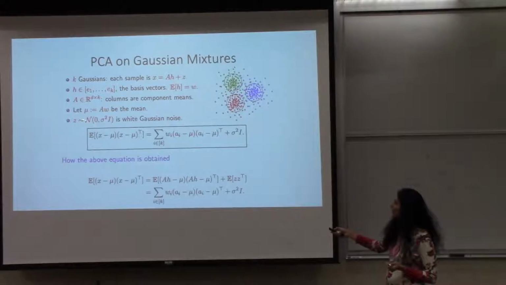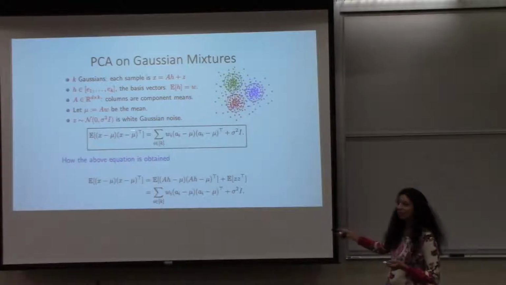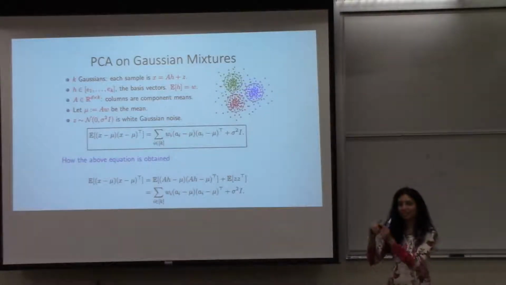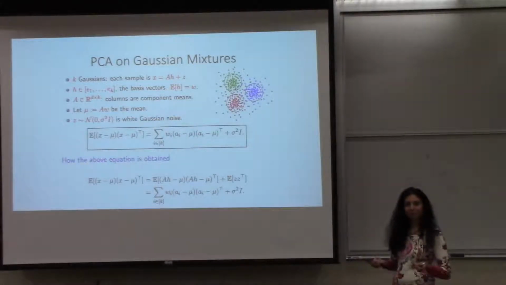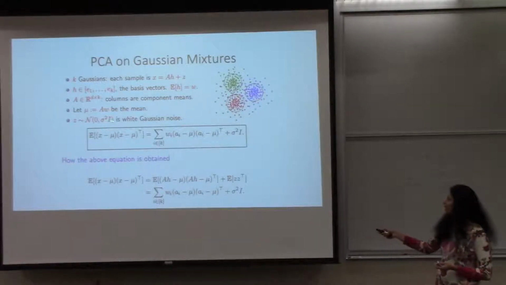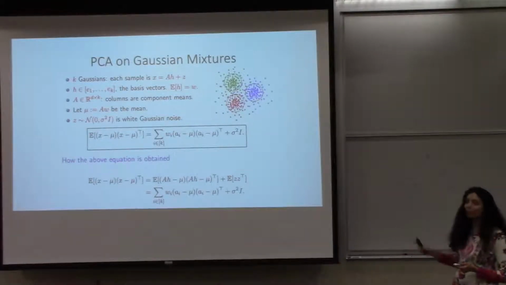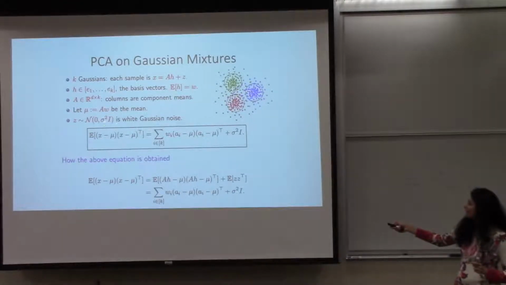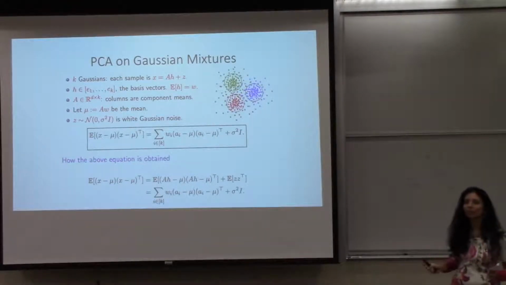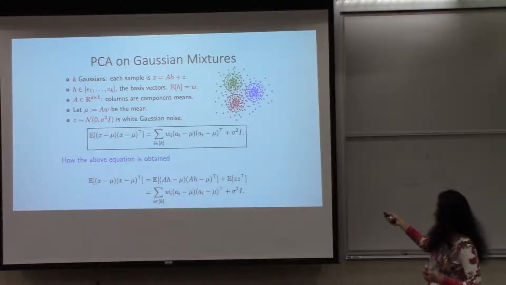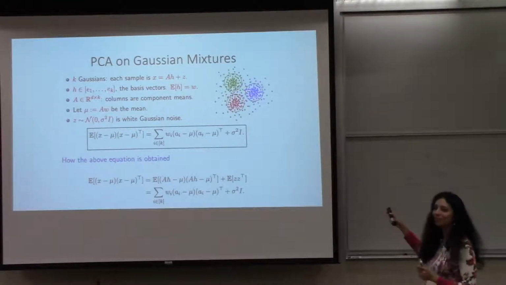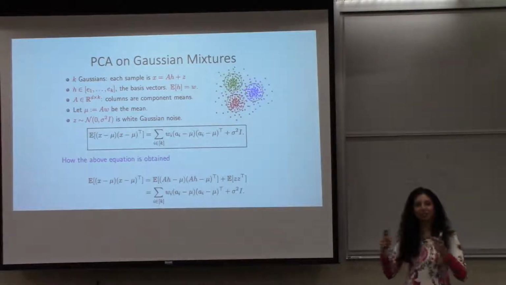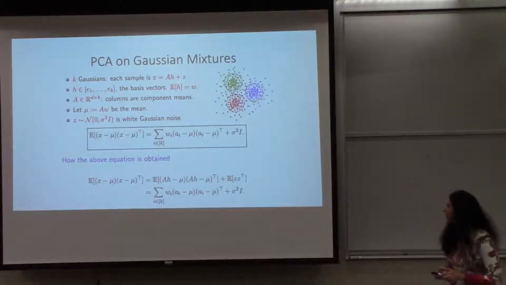I'll say that all the components are just spherical white noise, right? So all of them have the same covariance matrix, and that's just a sphere, right? So I'll make it easier for you that the only unknowns are the mean vectors and maybe the variance of the noise, right? So it's a special case, and this is what we call spherical Gaussians, because the variance is just spherical, okay?